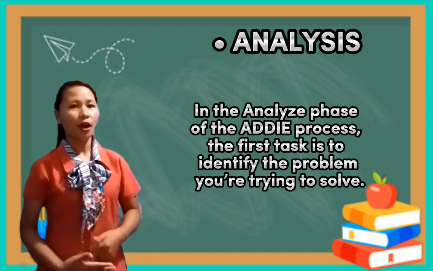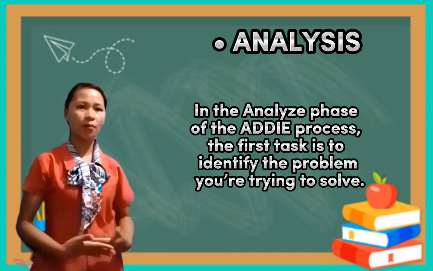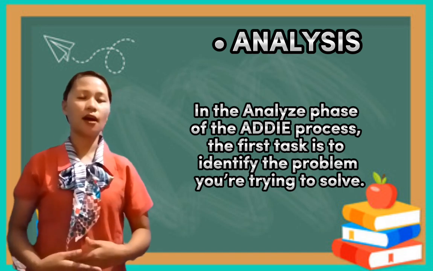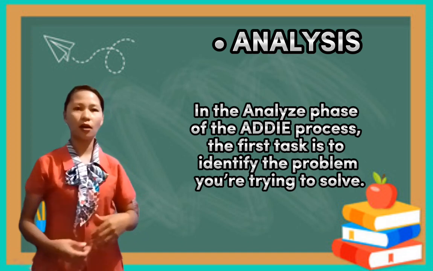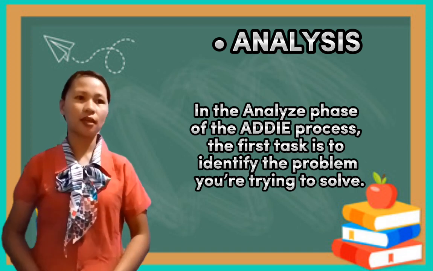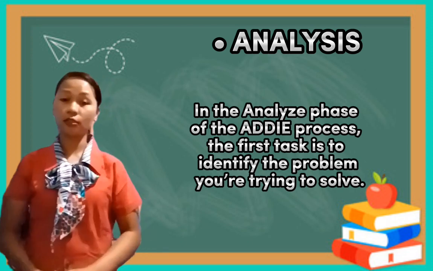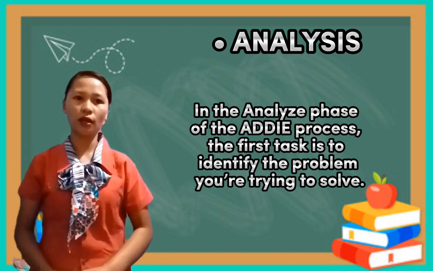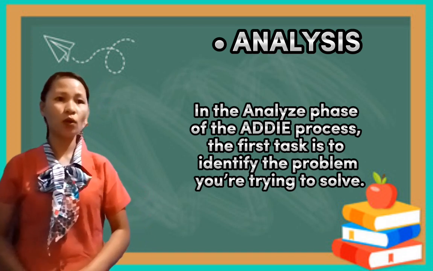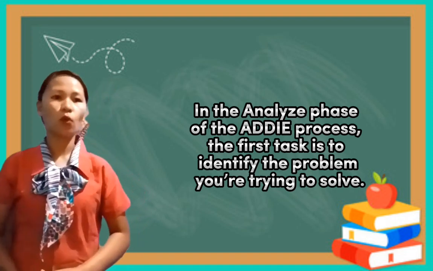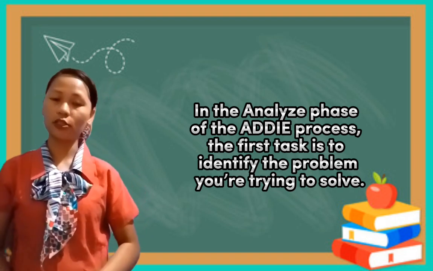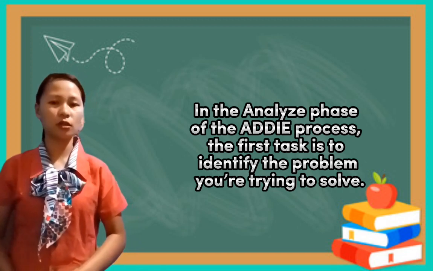So there are some questions, class, in analysis. The first question, who is the audience and what are their characteristics? Identify the new behavioral outcomes and what type of learning exists. What are the delivery options? And the last one, what are the pedagogical options?